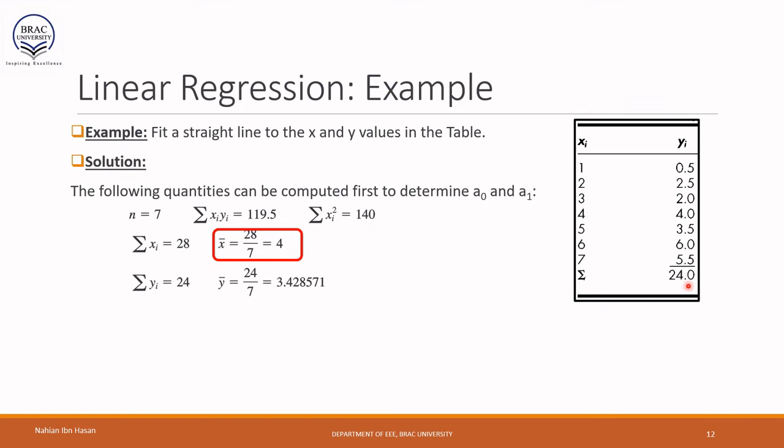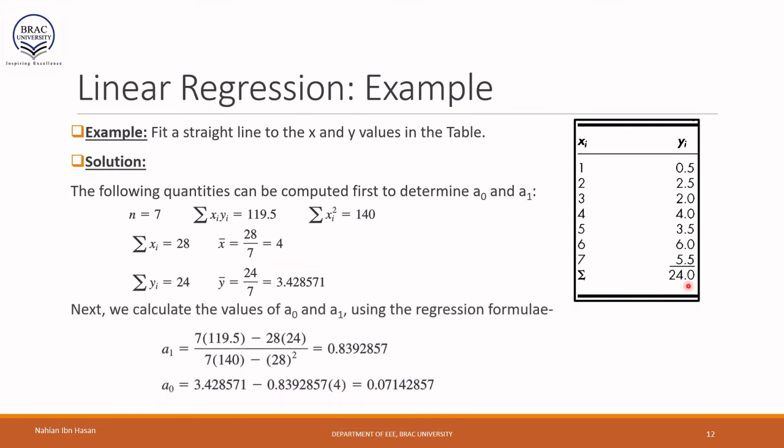Okay. So once we determine all of these terms, we can actually calculate A0 and A1. The formula for A0 and A1 is already determined in the previous slides. So we just put all of these values into the formulas, and we can get the values of A0 and A1.